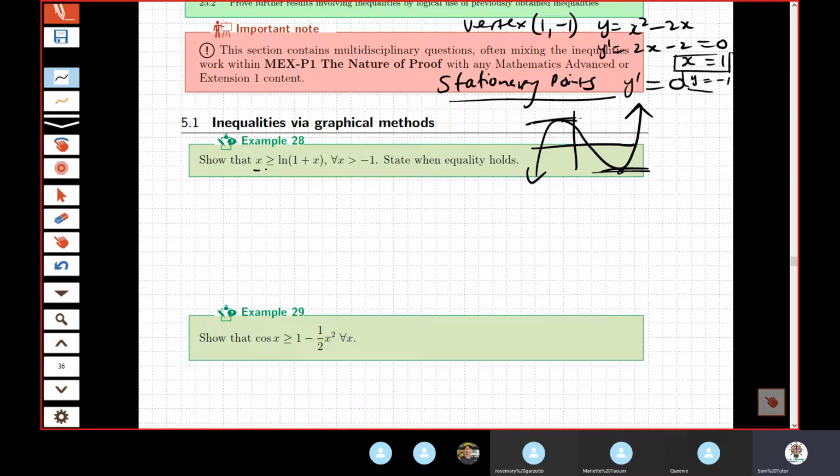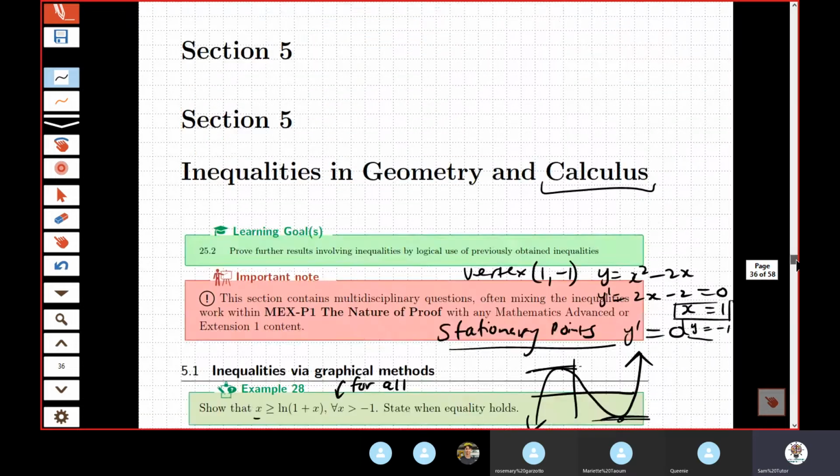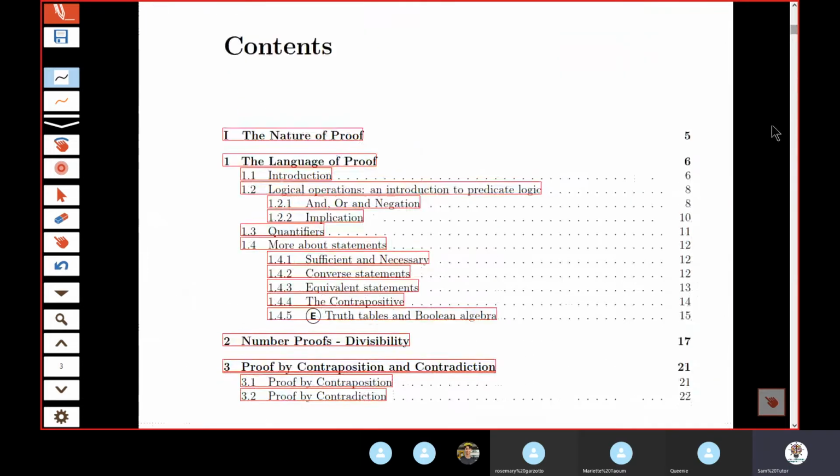Show that x is greater than or equal to log 1 plus x. This means for all x greater than -1. If you want to know what all the symbols are, I'm sure we put it at the beginning of every booklet.